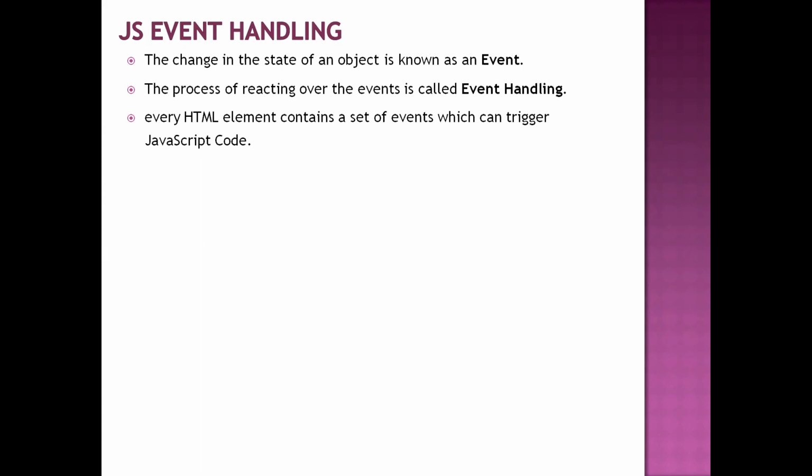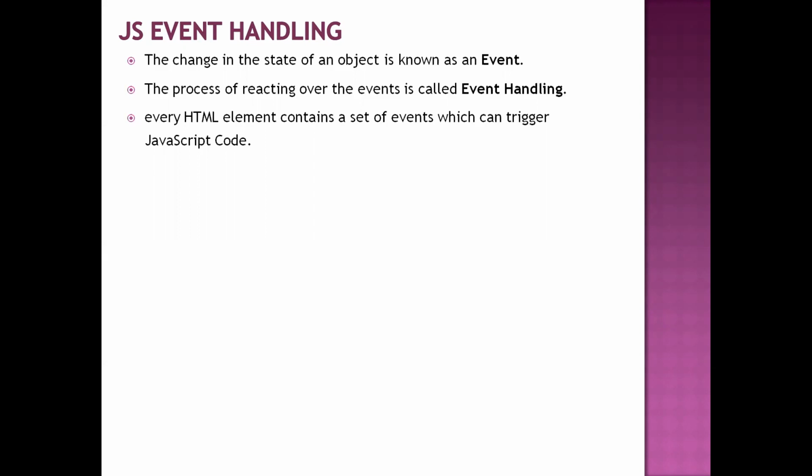Whenever you click on any form element, automatically it changes its state, right? Suppose if you click on a button, automatically that button goes down. That means it is going from the button up state to the button down state. So that is also a change in the state. So the change in the state of an object is an event.